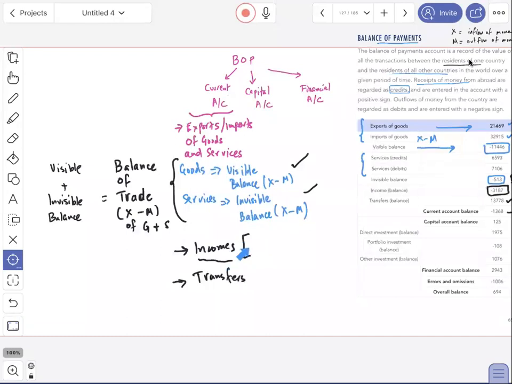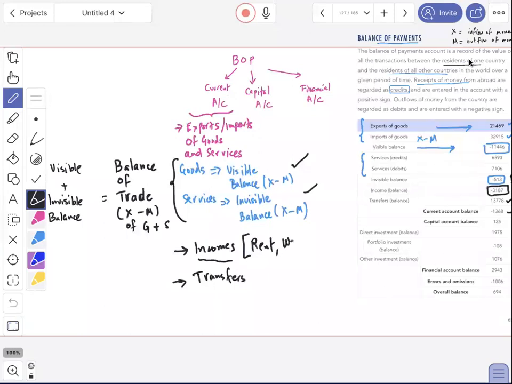But if it's an income that is paid by a resident, for example, I rent an apartment in Karachi, but the landlord is living in the UK and the money is going to the UK, then there will be an income which is an outflow.